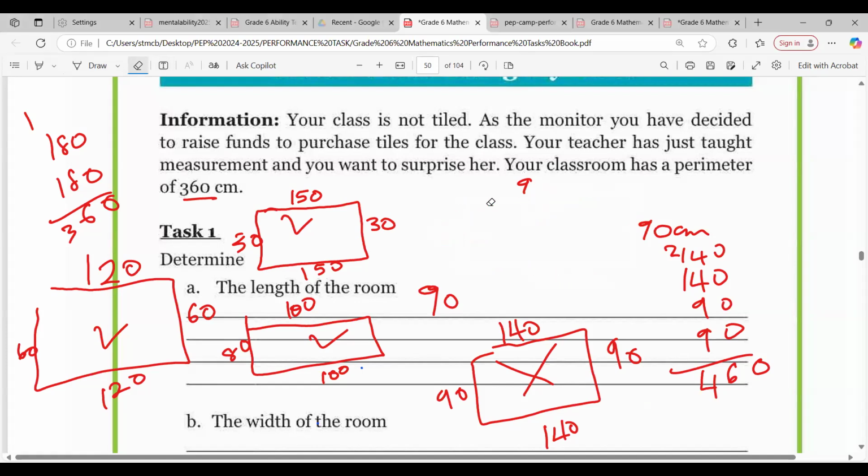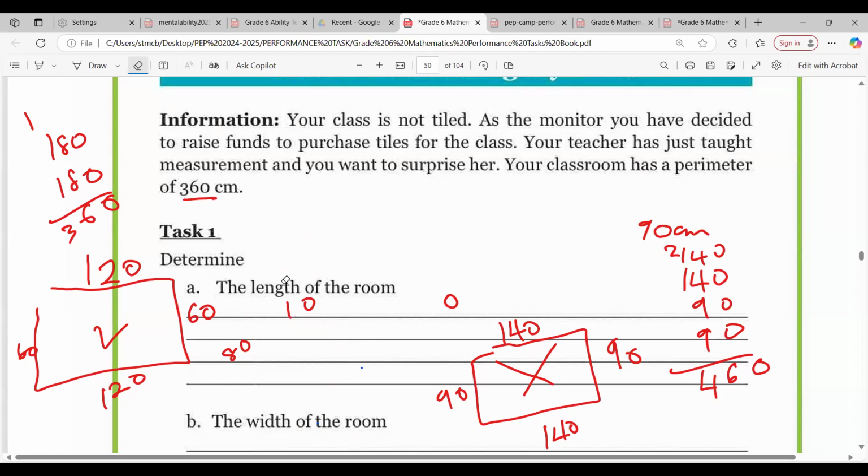Just for this presentation, I'm going to use this one, the 120 and the 60. I might do some videos and put others on it, so everyone can see how their own got worked out. So we're going to use that just for the presentation.